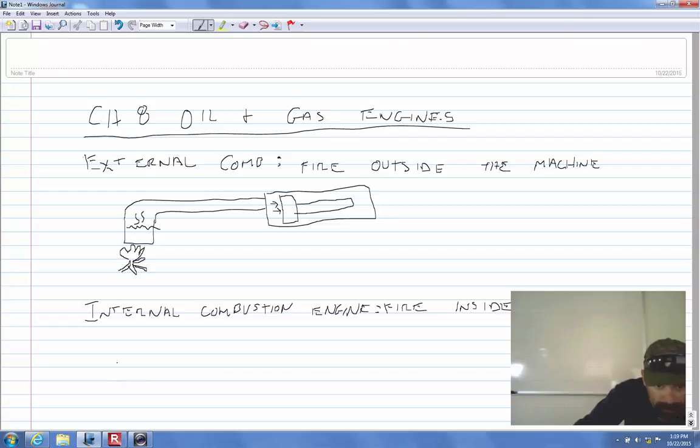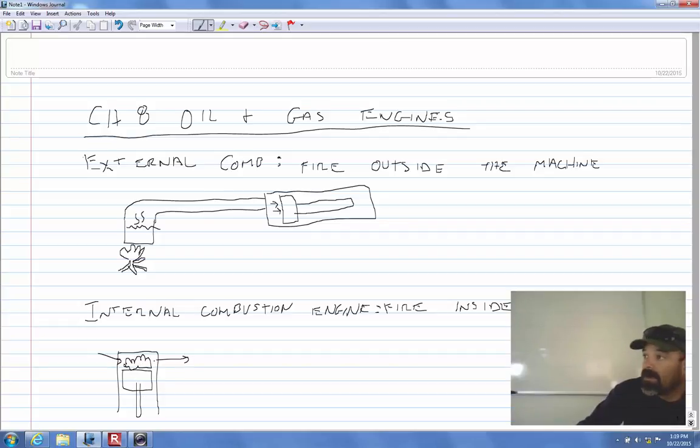So I'll have my combustion chamber here. My piston right here attached to a crankshaft or whatever. My fuel comes in, the actual combustion happens right here, and my exhaust goes out.